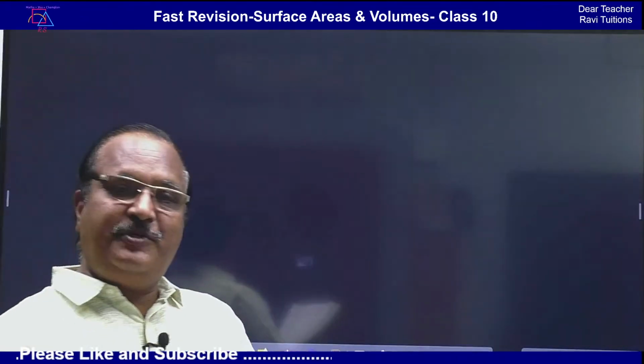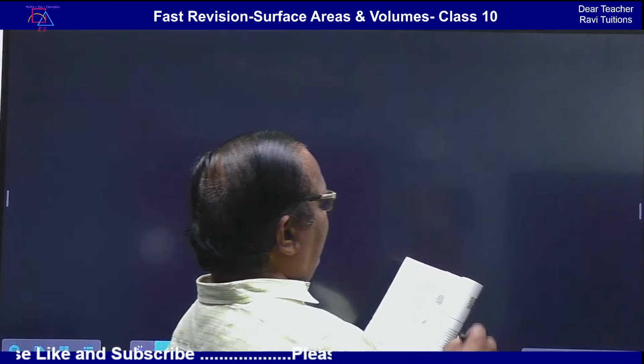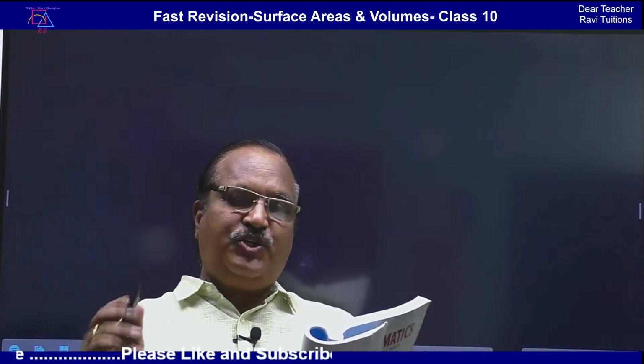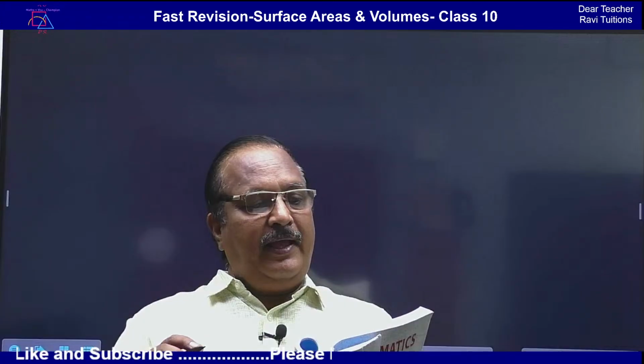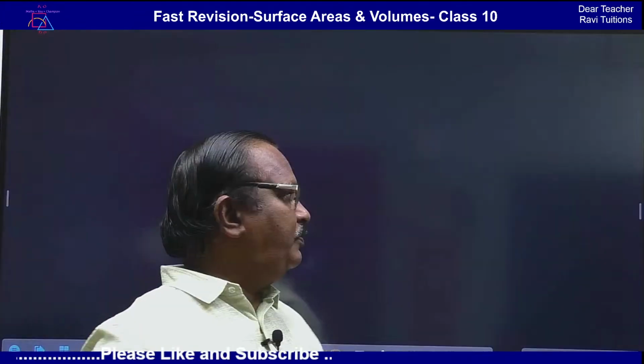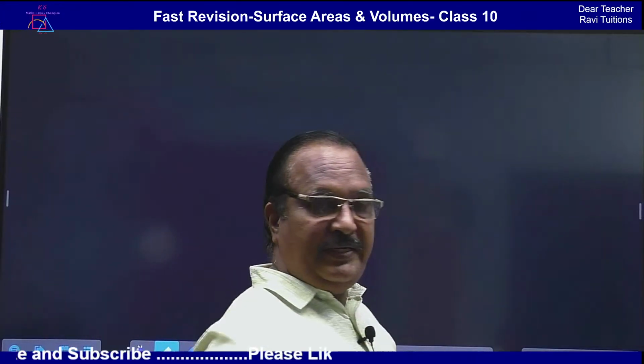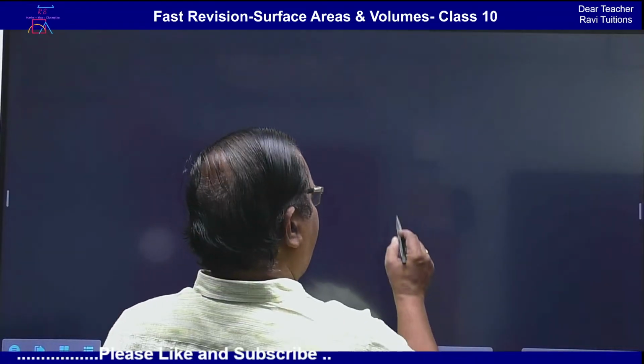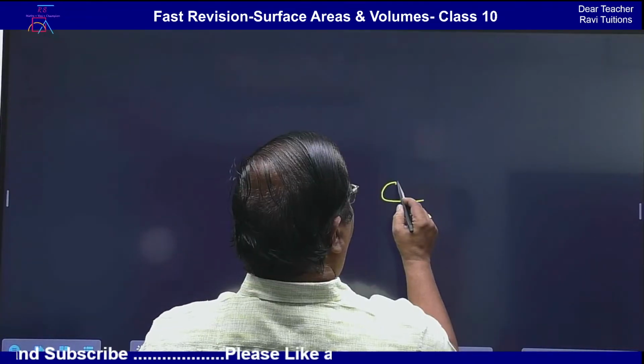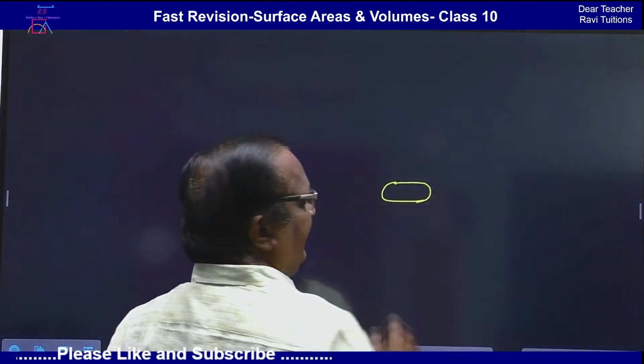Now gulab jamun, I will read out. Gulab jamun contains sugar syrup, about 30% of its volume. So that means the shape is given like this.